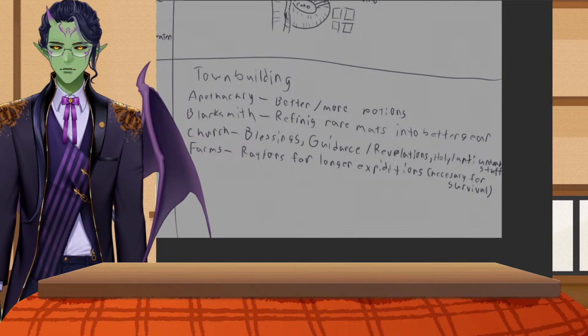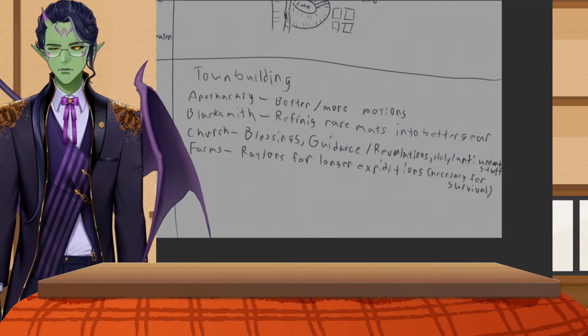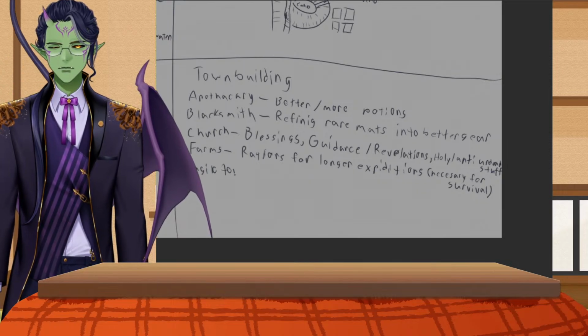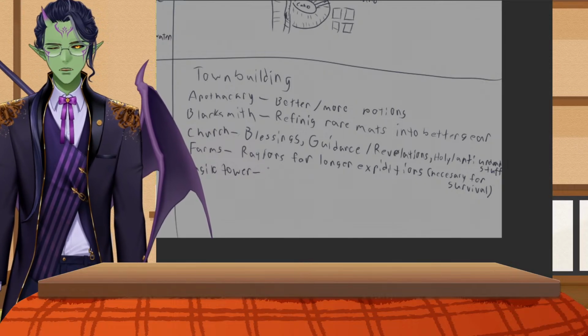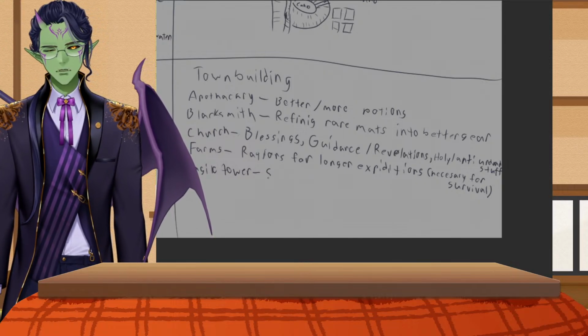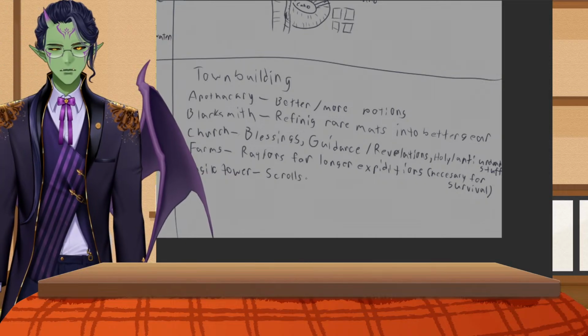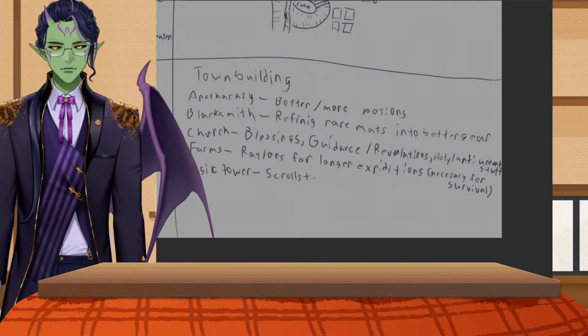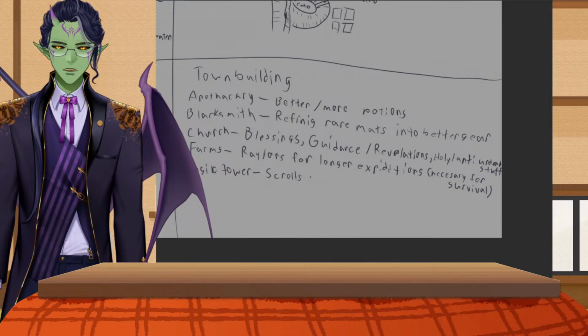All right. Let's go with Magic Tower. So, this will be scrolls and research. Pluses look too much like T's.